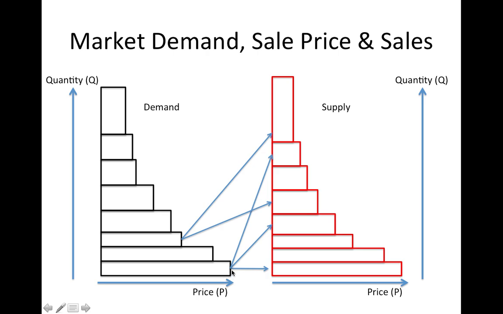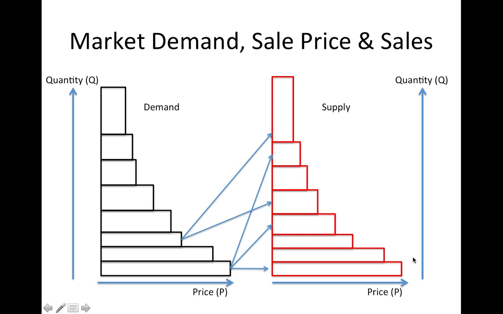But the reality is that this buyer, let's say, that's willing to pay a high price, may get some from this seller, some from this seller, and some from this seller. They aren't necessarily going to say, oh, I'm only going to buy from this person and work my way up. Same thing with the rest of these. As long as the seller is willing to sell it for less than they're willing to buy it, they're a viable option.